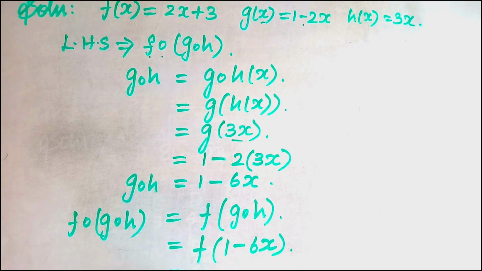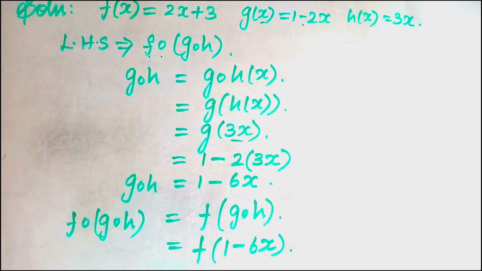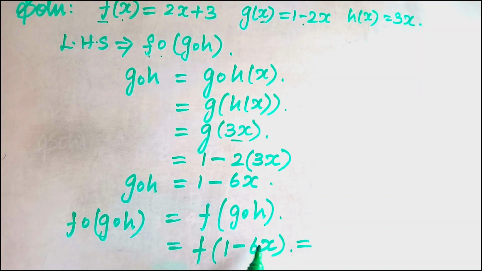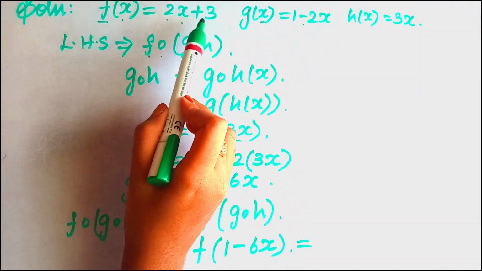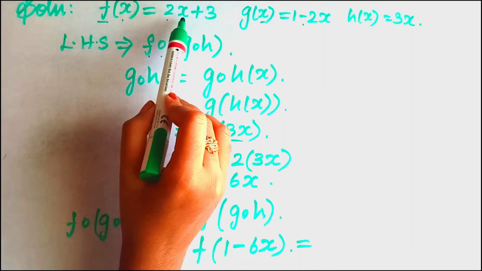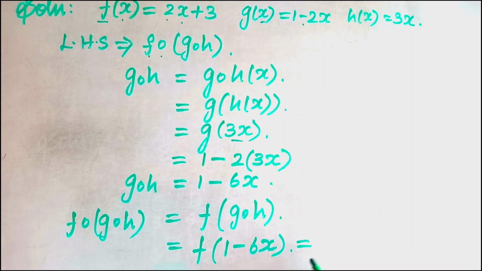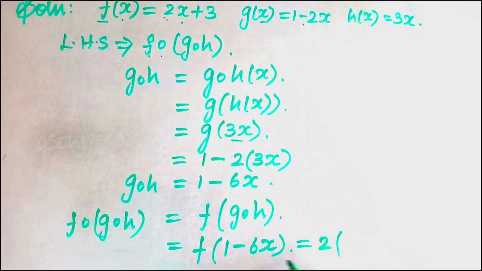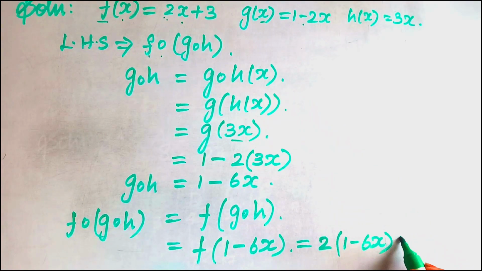Now we have to search the function f here. Here is the function f, and in the place of x we have 1 minus 6x, right? So here 2x plus 3 is the equation. So in the place of x we are going to substitute 1 minus 6x. So here there is a 2 and here there is an x. So in the place of x we are substituting 1 minus 6x here, and finally plus 3.